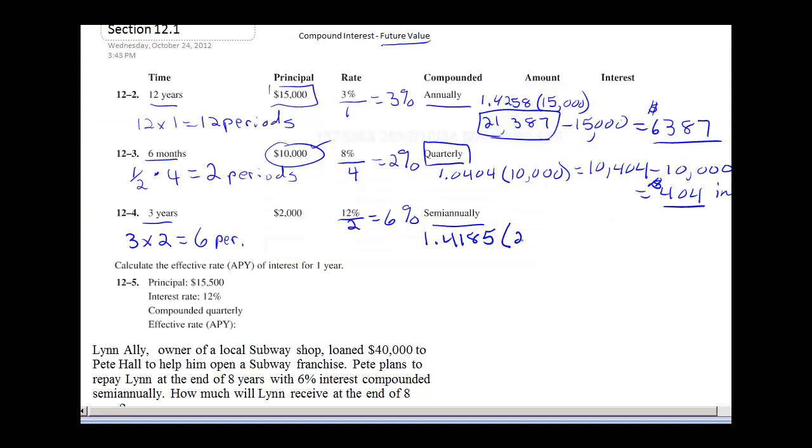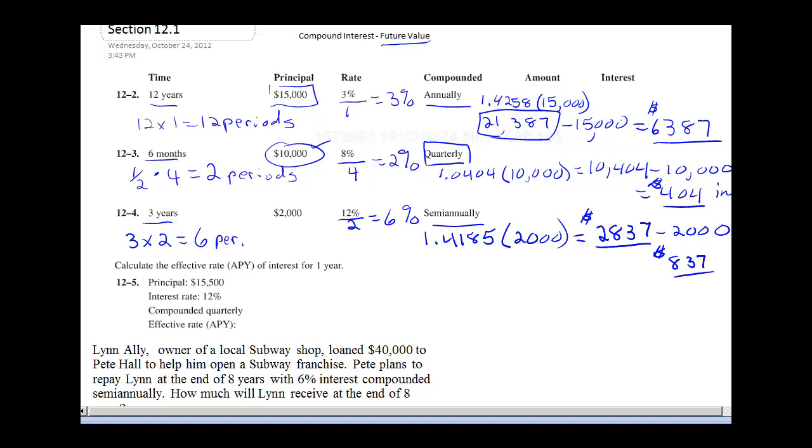Multiply that by your principal, which in this problem was $2,000, and you'll find out that at the end of 3 years you will have $2,837. That will be your total amount after 3 years, and if you want to know the interest, then subtract the principal from that amount, and our interest is $837.